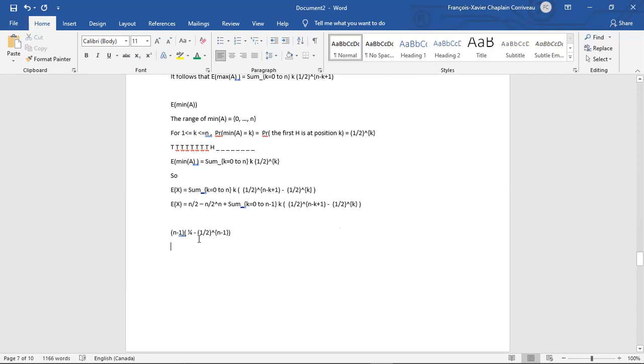So what happened here? I get n minus 1/4, minus 1/2 to the n minus 1. Okay, so now if I played around with this. So I have n minus 2 and n minus 1 over 4.